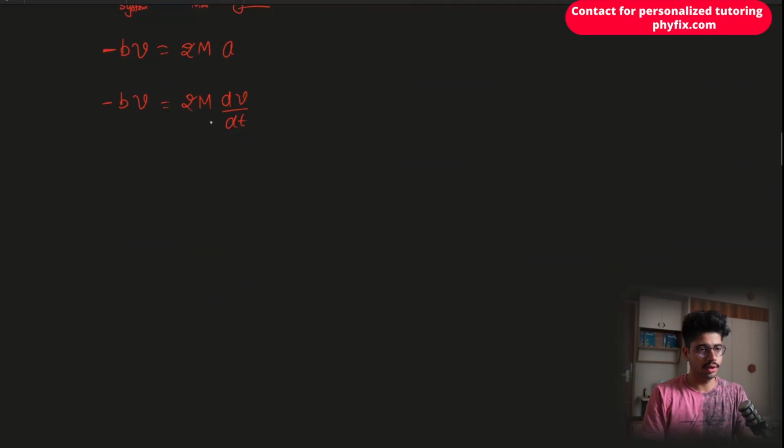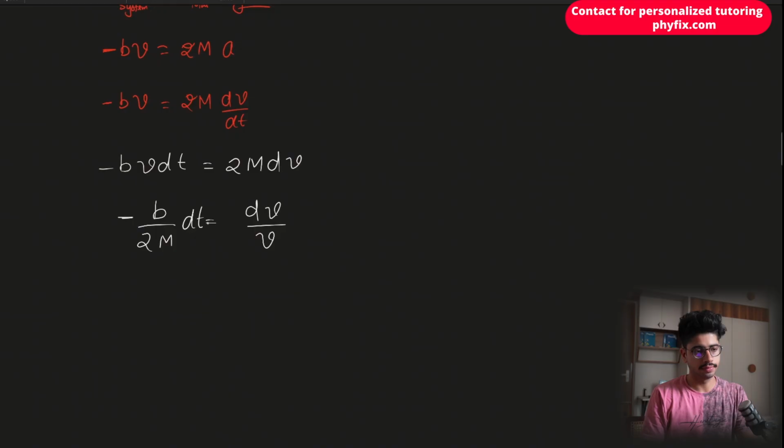I'm taking the dt to the other side, and bringing v to the other side: dv by v equals minus b by 2m into dt.